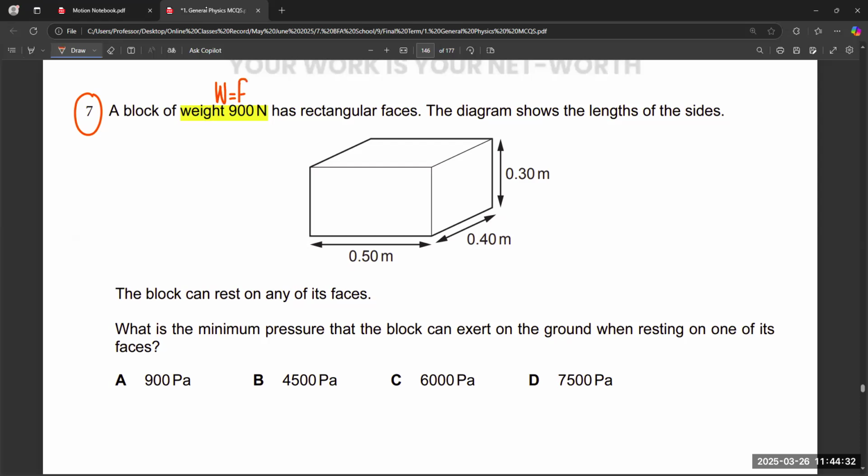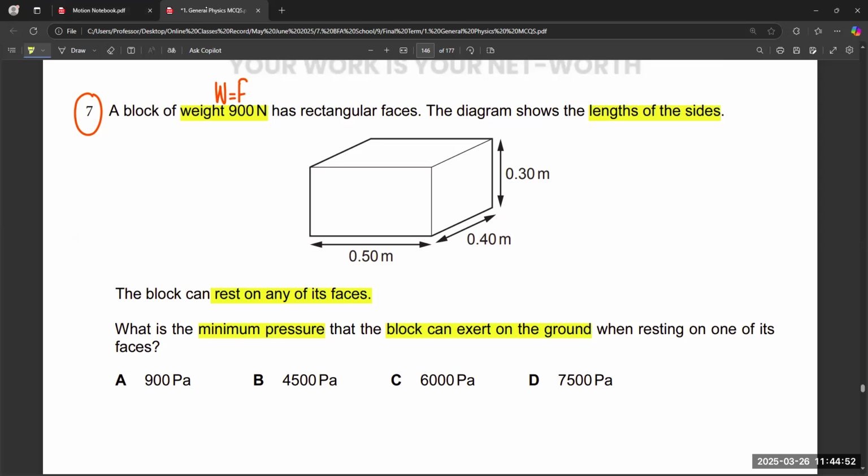The diagram shows the lengths of the sides. The block can rest on any of its faces. What is the minimum pressure that the block can exert on the ground when resting on one of its faces? So now they are talking about minimum pressure.